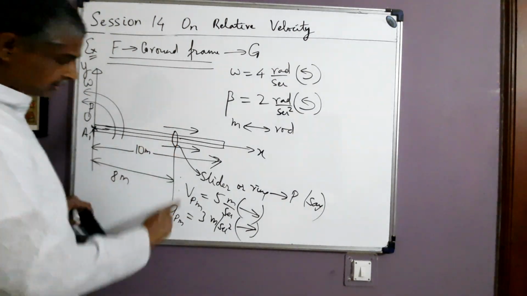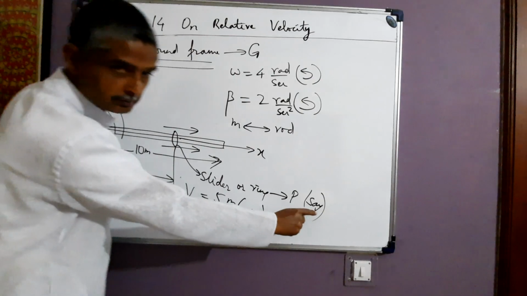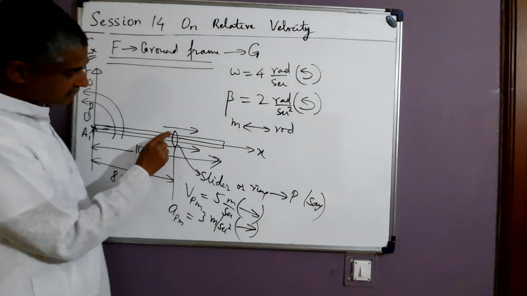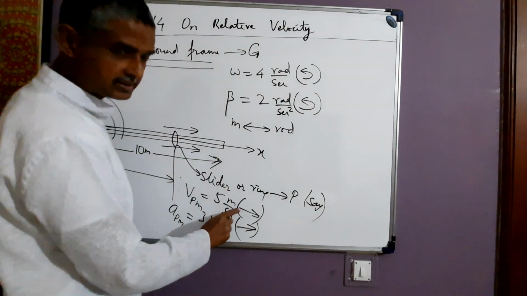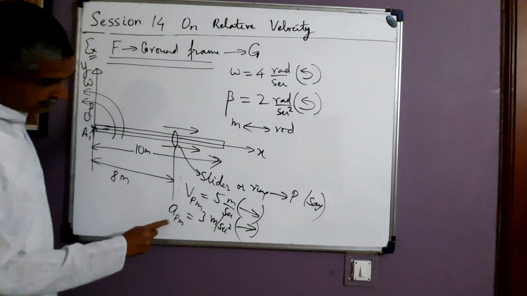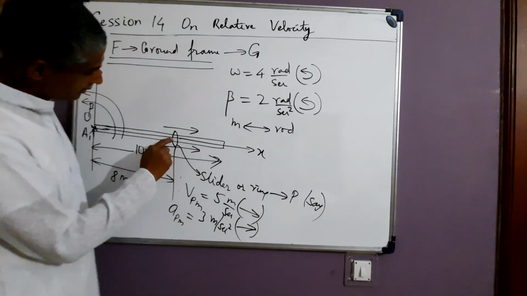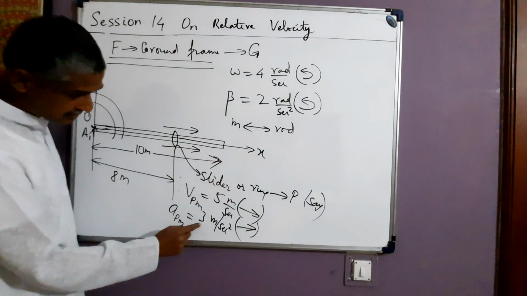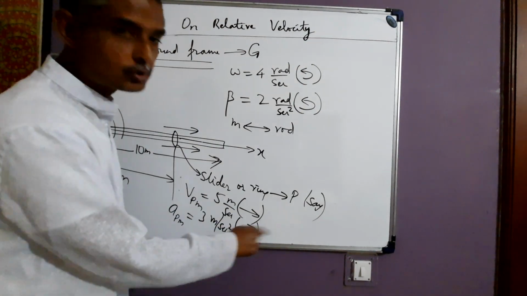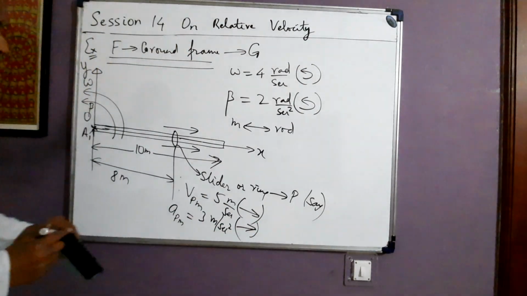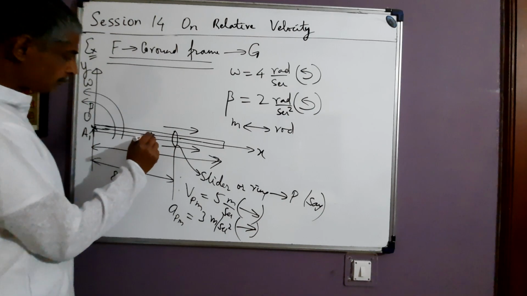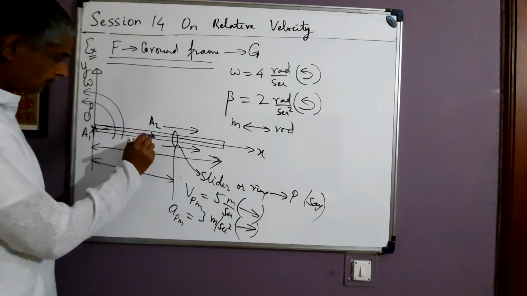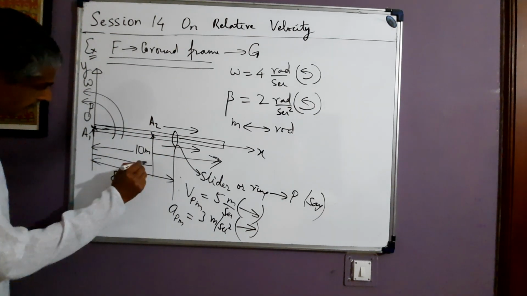And velocity of slider will be denoted by VPM, meaning velocity of slider with respect to rod, which is 5 meters per second rightward. And APM is the acceleration of slider with respect to rod, that is 3 meters per second square, also rightward. Fine. And A2 is the midpoint of the rod. So A2 to A1 distance will be 5 meters.